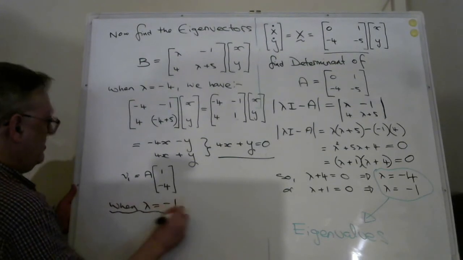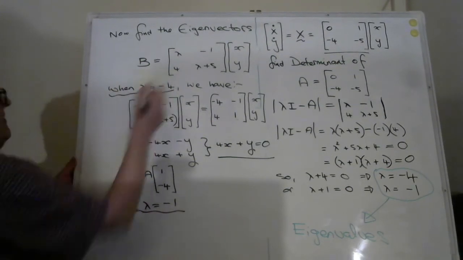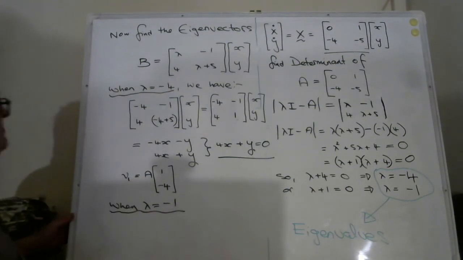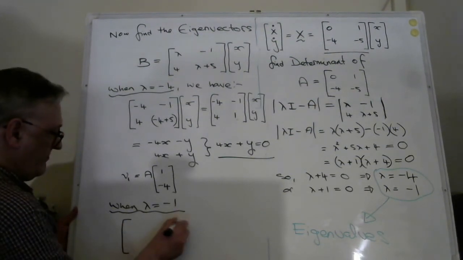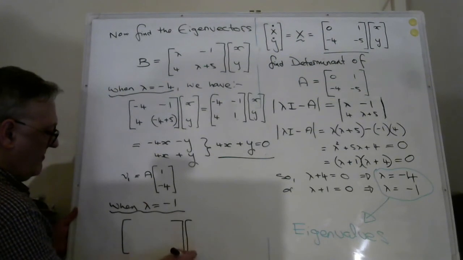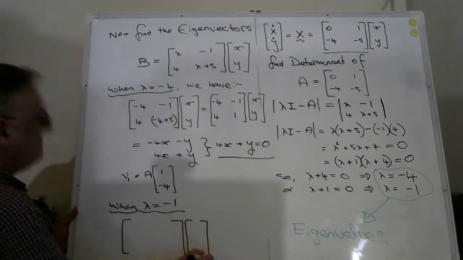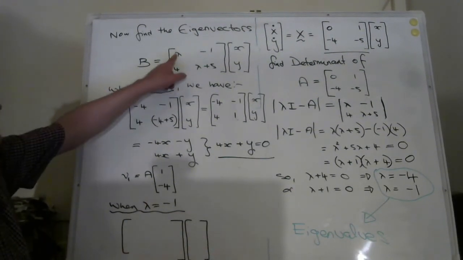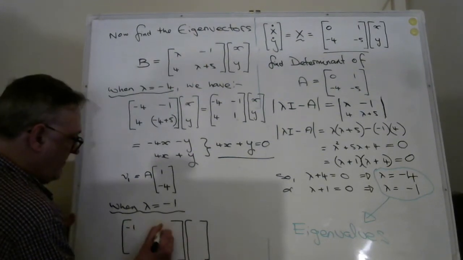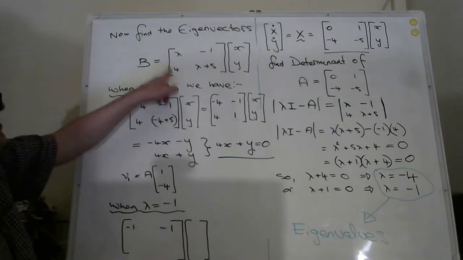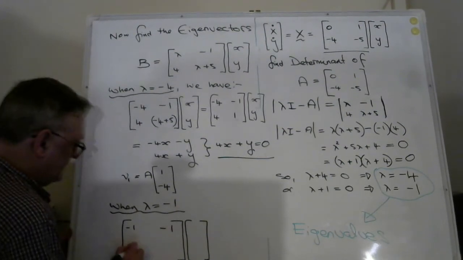So, when lambda is equal to -1, we've got our matrix. We'll just write it down here. So we've got -1, -1. And here we've got, well, the 4 stays as it is.